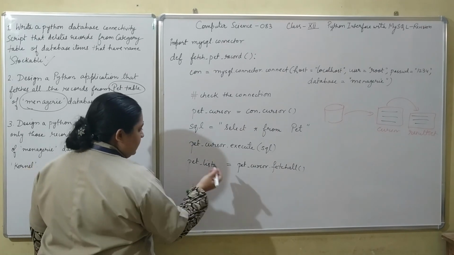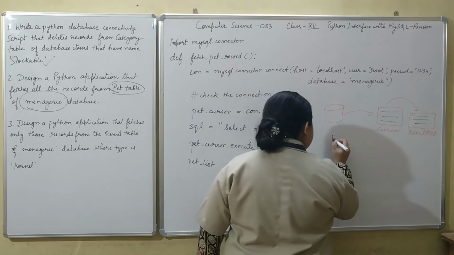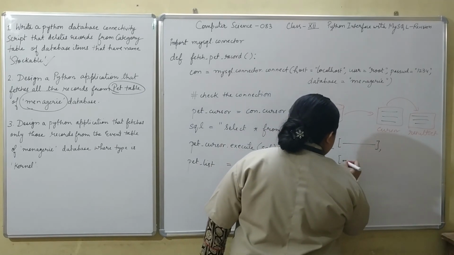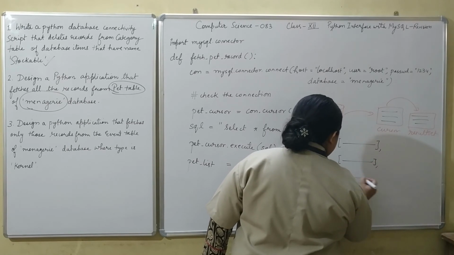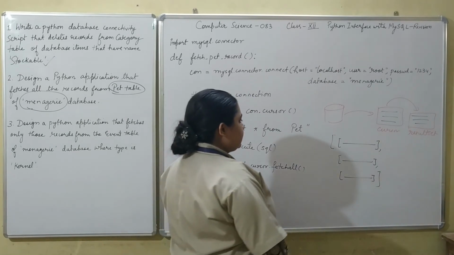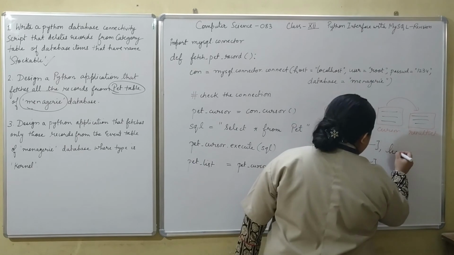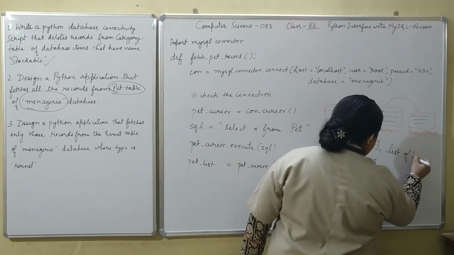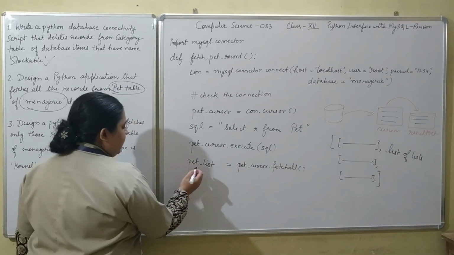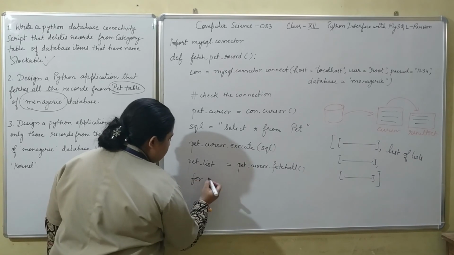And now we can easily make use of this pet list. Why? Because this pet list is a list of lists. Unlike files, where file object contains a list of strings, here it is a list of lists. So pet list contains all the records, and now we can individually display them.